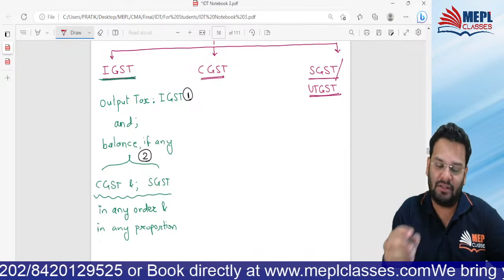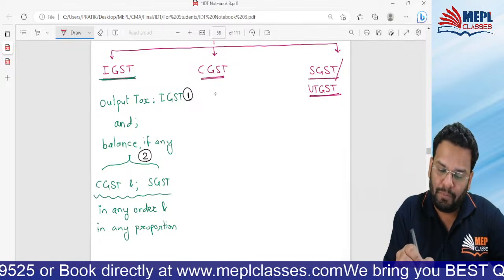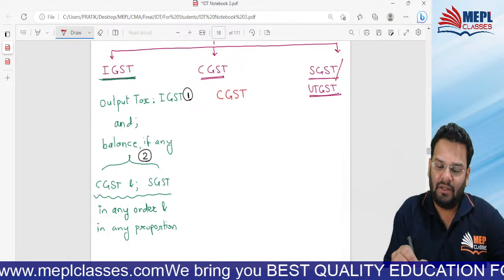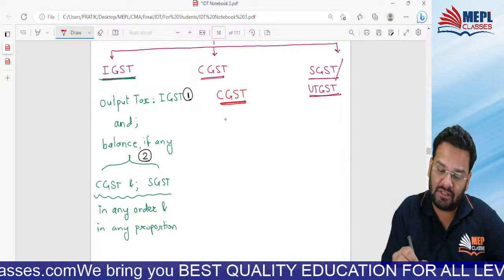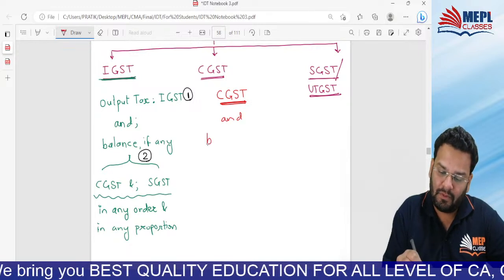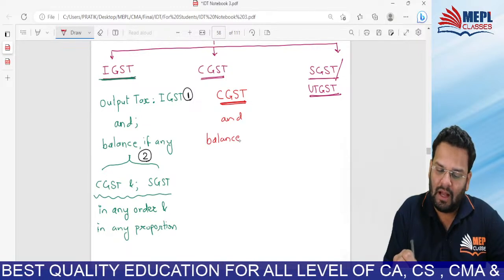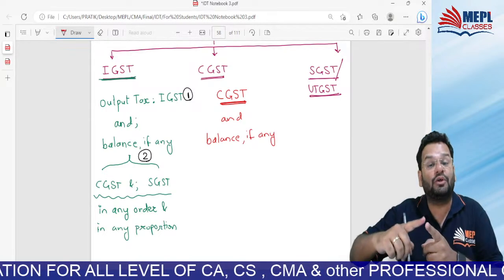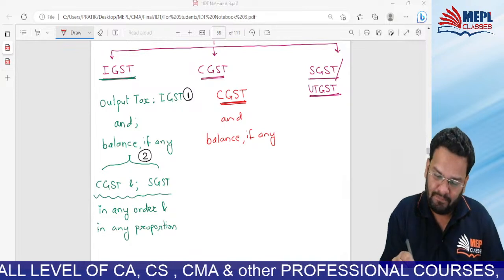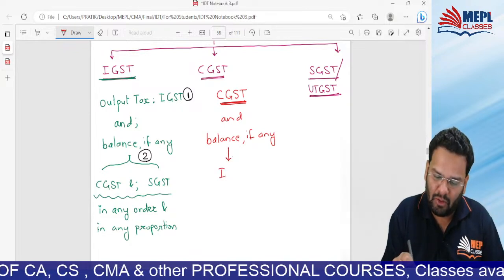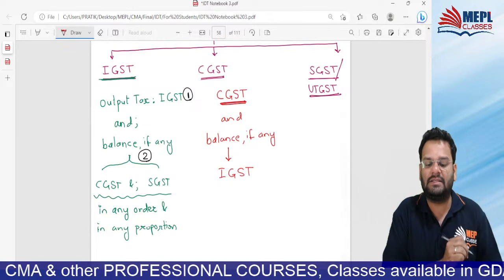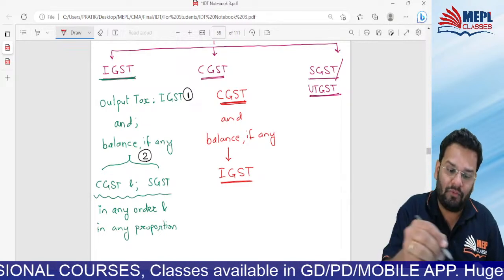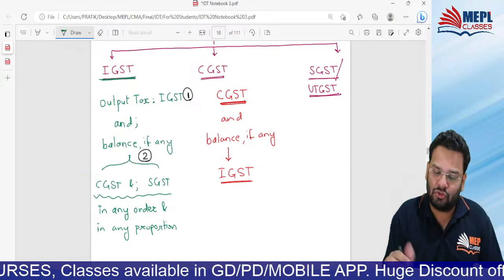ITC of CGST will be used to pay output tax of CGST, and balance, if any, to pay output tax of IGST. Agreed?